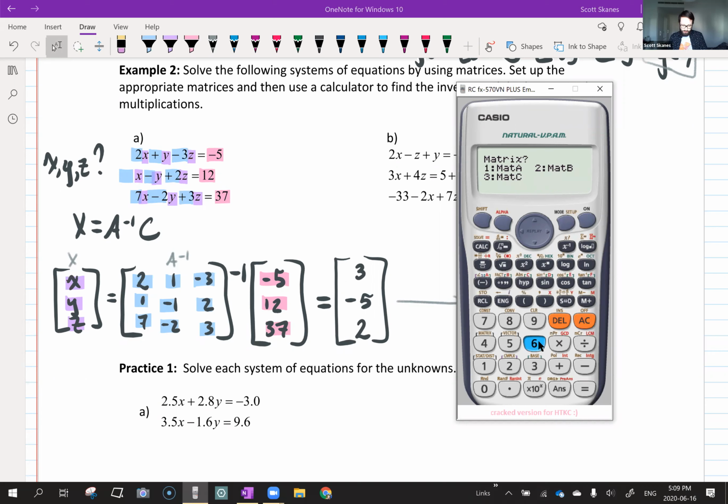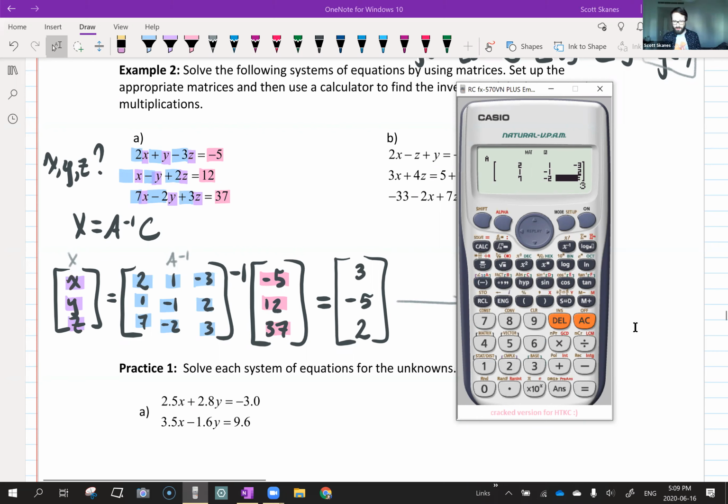Mode 6, set up my matrix, 3 by 3. This is useful if you're using an actual calculator. I've kind of got to go slow, and I don't even have my mouse here, so it's slower. All right, I'm going to double check this time.